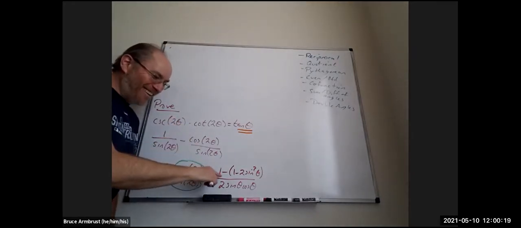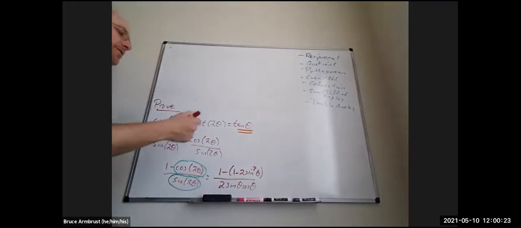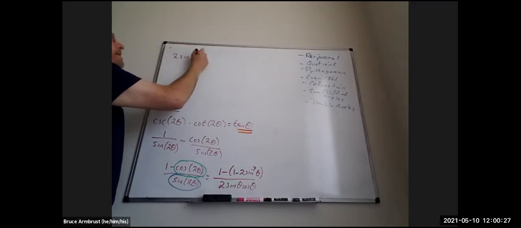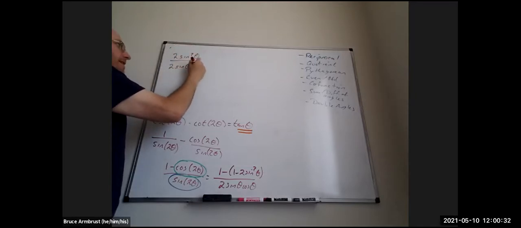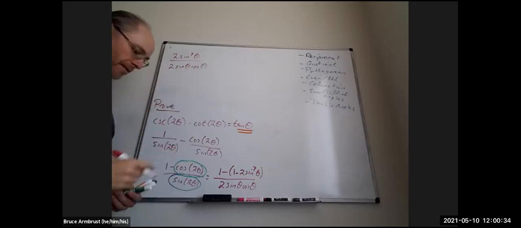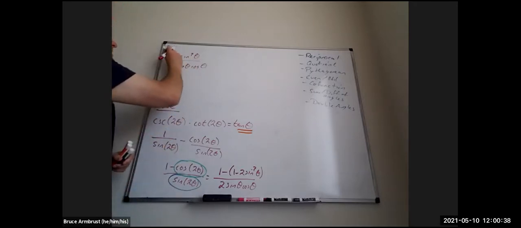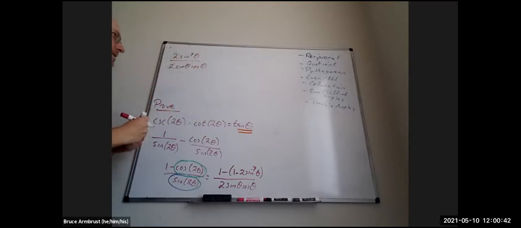All right, so 1 minus 1 is going to go away. And then when I pass that minus sign through, I'm going to get 2 sine squared theta. And on the bottom, I still have 2 sine of theta cosine of theta. But now I can do some algebra. The 2's are going to cancel. The sine on the bottom is going to cancel with one of the sines on top.